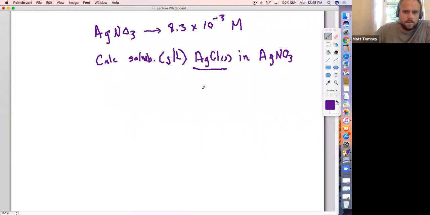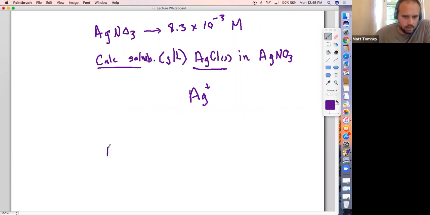So the main focus here, what I'm going to be focused on at first is the Ag+, because that is the common ion in effect here. I've got silver coming from both the nitrate as well as silver coming from the chloride. So if the goal is to calculate the solubility of the silver chloride, that's what I want to set the ICE chart up for.